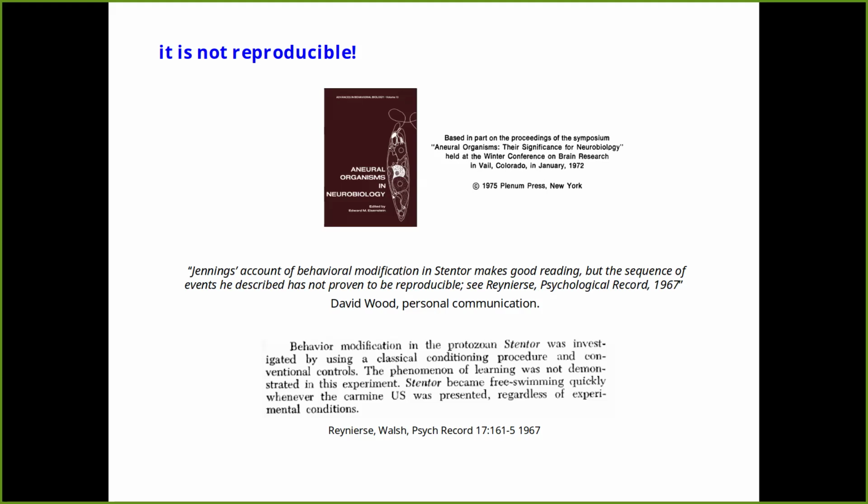And what they found, which is what they say, is that when they tried doing this, it kind of swam off. No kidding. So on the basis of this completely ridiculous attempt at reproduction, the scientists in the 70s and 80s basically considered Jennings's work to be not reproducible.